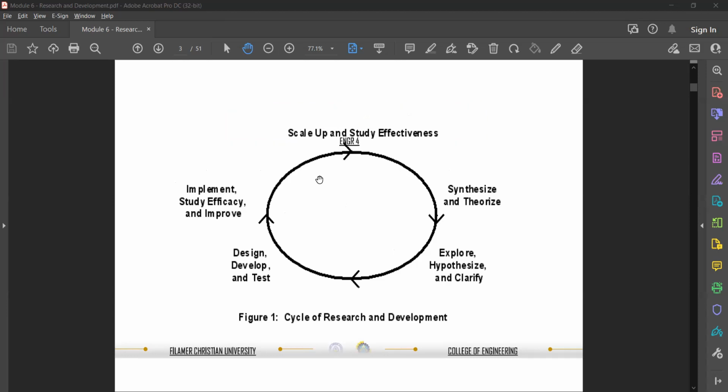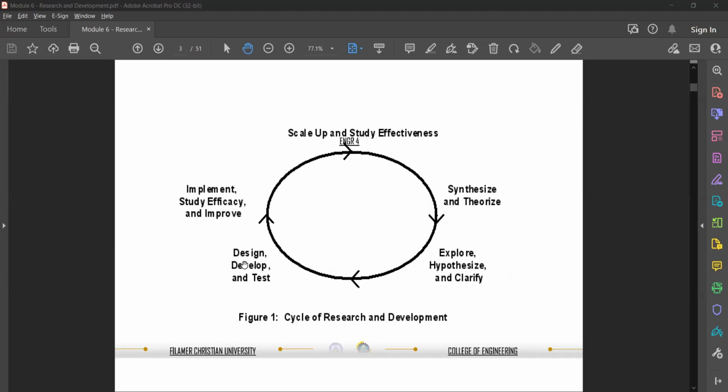Okay? So here we have the cycle of research and development. We have here the scale up and study effectiveness. Then of course the synthesize and theorize, or the theory and the synthesis. Then exploration, and hypothesize and clarify.